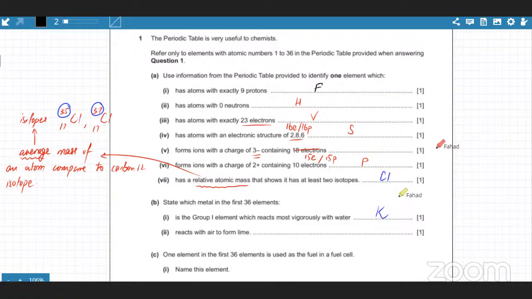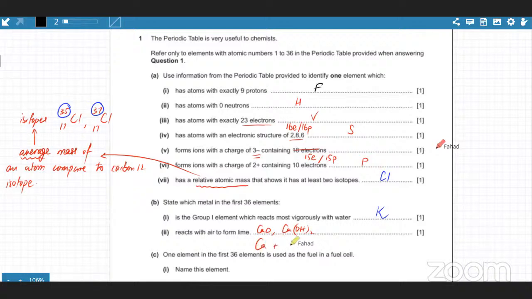The next one is: reacts with air to form lime. Now remember what lime is. Lime is calcium oxide, or if there's more water, it's going to be calcium hydroxide. Calcium oxide is lime without water, and with water, it's calcium hydroxide. So it's obviously calcium.